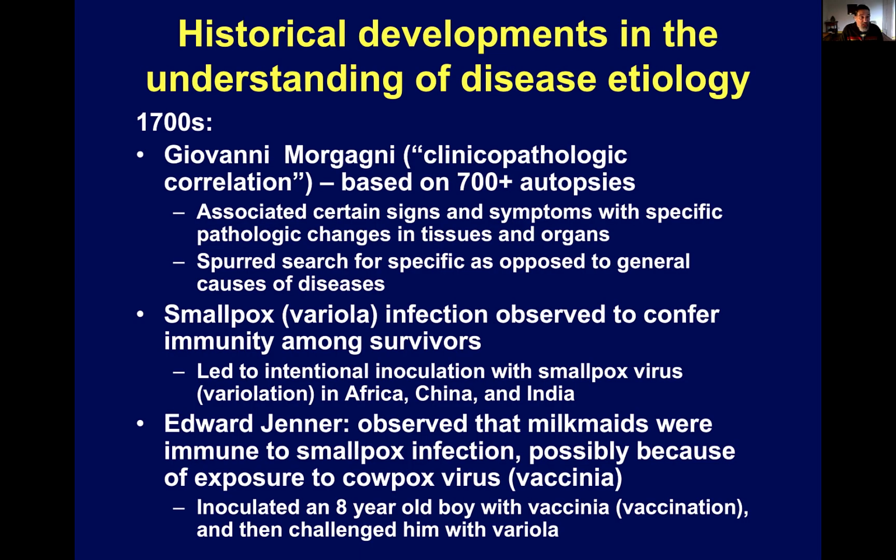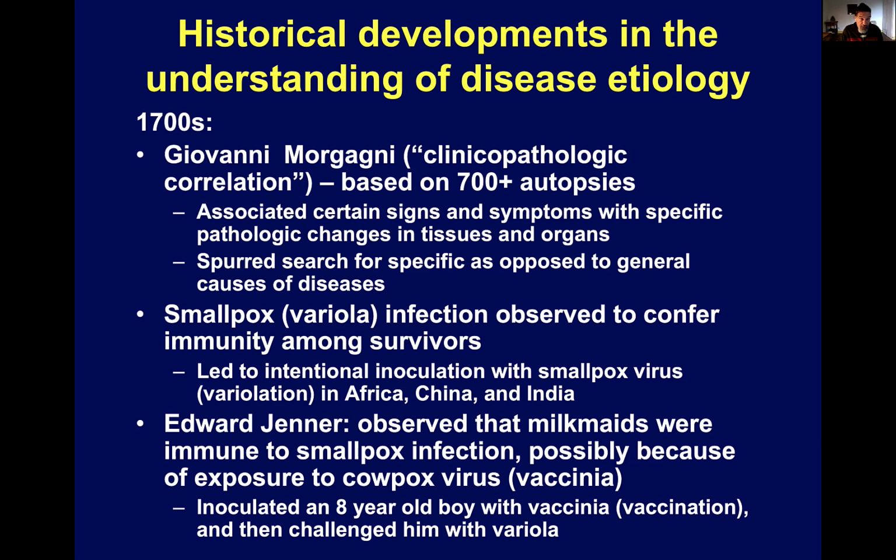In the 1700s, Morgagni used autopsy studies where there were detailed accounts of the symptoms that people were experiencing before they died, and then investigated on autopsy. It was possible to correlate the signs and symptoms observed in the patients while they were alive with the specific pathological changes in the tissues and organs that were found after they had died.